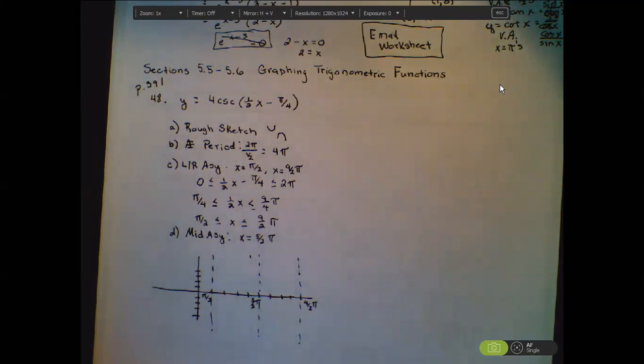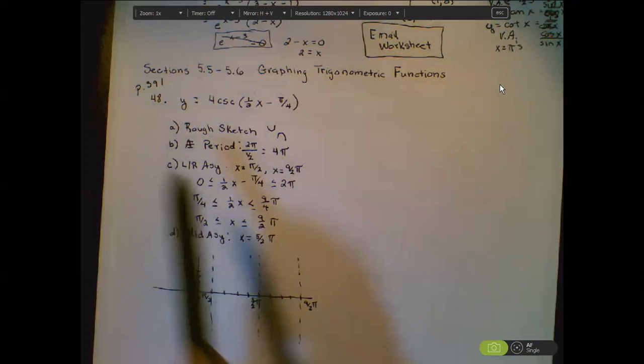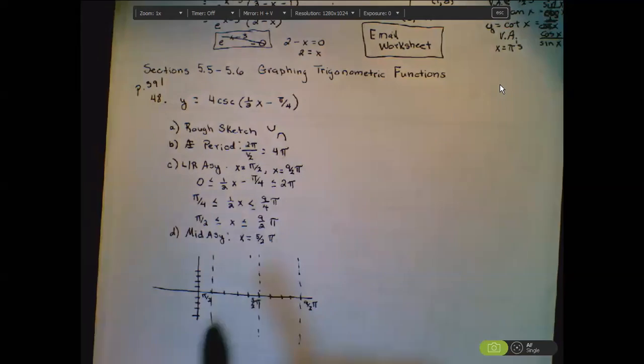I forget to say this sometimes, but if you're ever unsure, you can make an XY table just like you can for any function. We're trying to avoid doing that, but let me just say right here, I'm totally confused. I don't know, I'm not sure what that 4 does. I can pick, let's see, what's halfway between pi over 2 and 5/2 pi? That would be 3/2 pi, right?